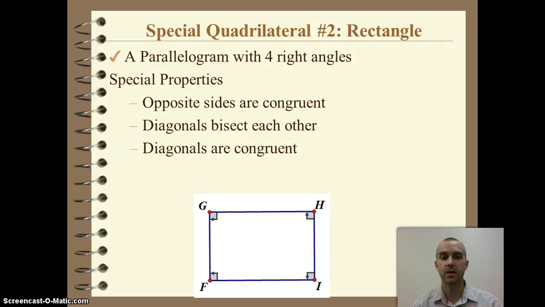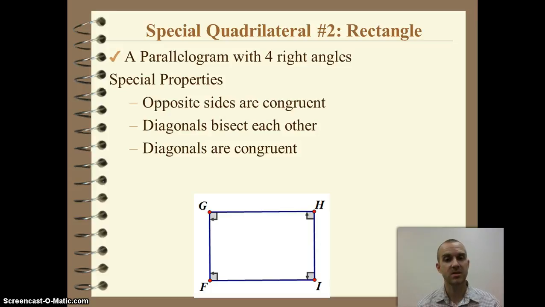Now another special quadrilateral we talk about is the rectangle, and it is a special type of parallelogram. So if we think about a group, we have parallelograms, and inside that group is a special one called rectangles. Rectangles are parallelograms with four right angles. This helps with a couple different aspects.